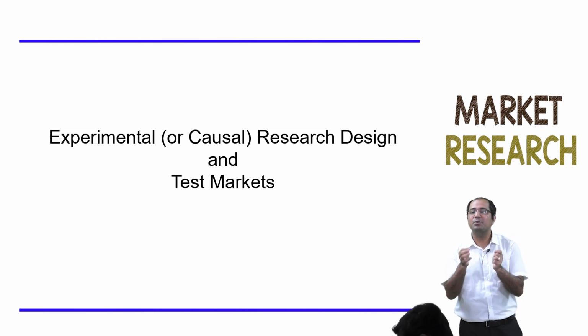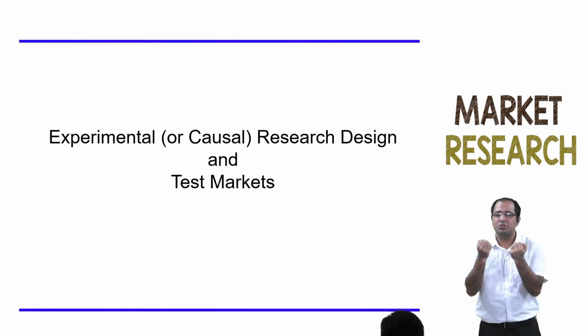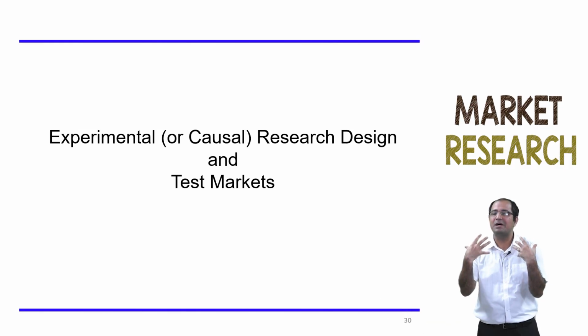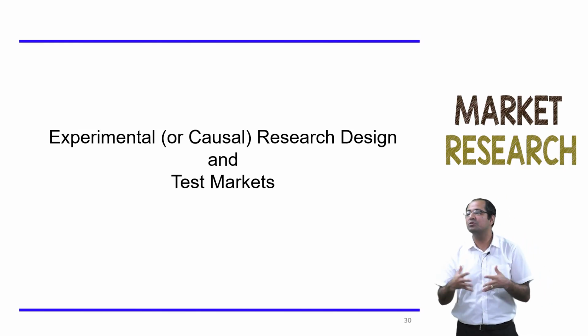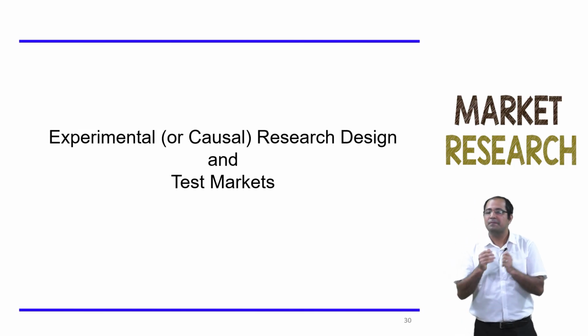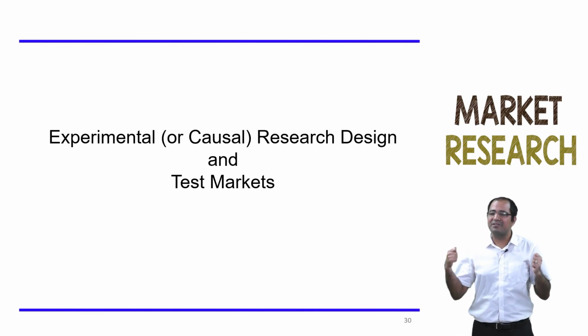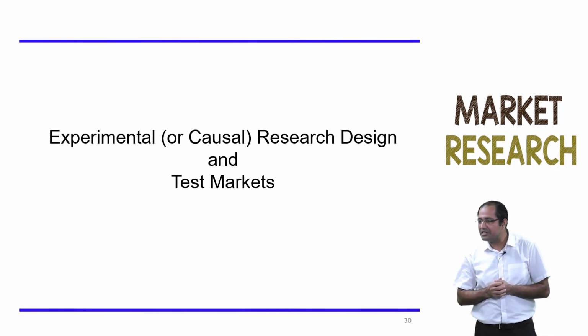For example, if you are into an e-commerce company, you would have to vary the prices to know at what price the sales are maximum. So that you can do through experiments. If you are into FMCG, companies like Coca-Cola, Pepsi, they do taste tests to find out what is more preferred or less preferred. That is done through experimentation.